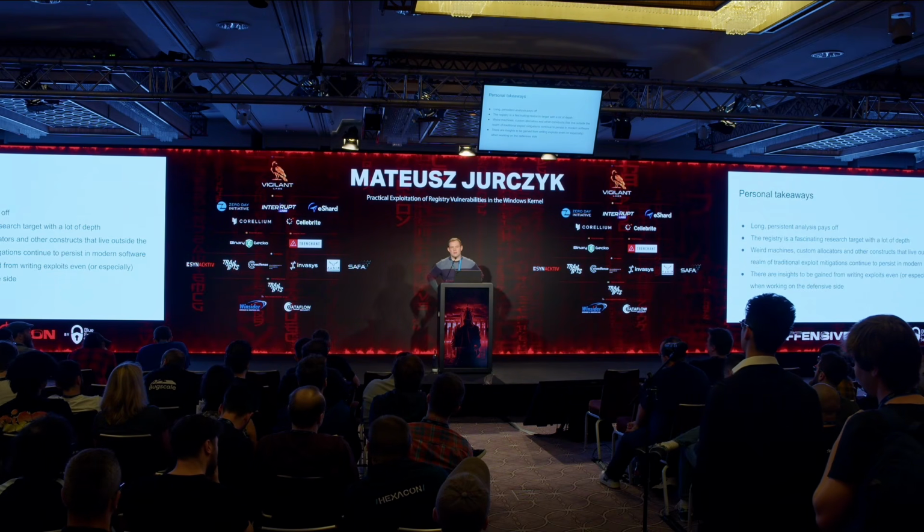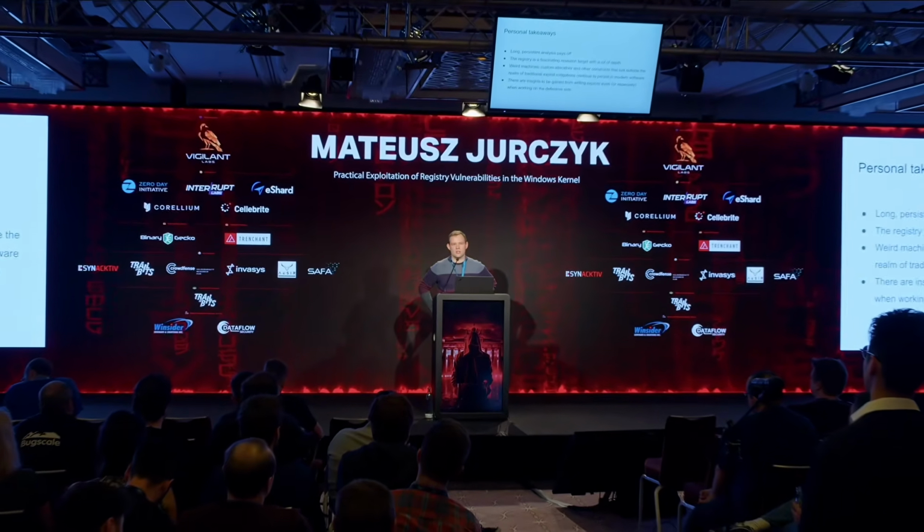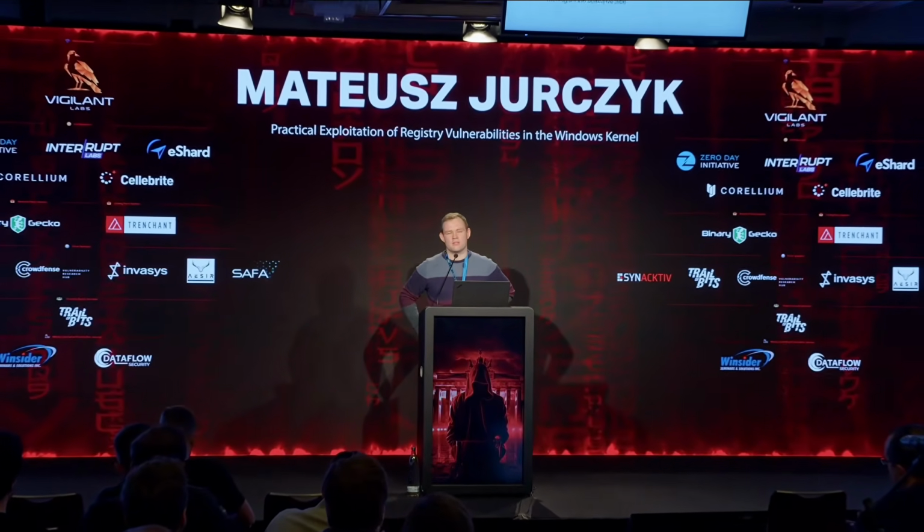Yes, I found one or two, not that many. First of all, because it's a little bit harder, I guess, to find race conditions by just analyzing the locking mechanism. So I spent a few weeks on that part, and I found some bugs that were caused, for example, in the registry virtualization.